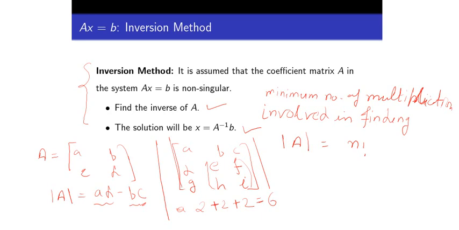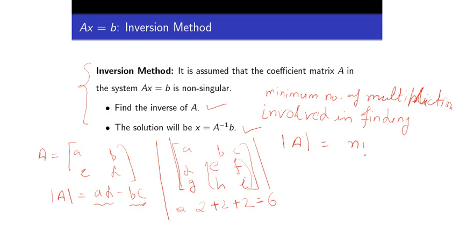You see how computationally expensive it becomes when you have a large matrix of order 10. 10 factorial is a very large number. You can't work even for n equals 10. So it's computationally expensive, and that is why, from a computational point of view, this method is discarded.